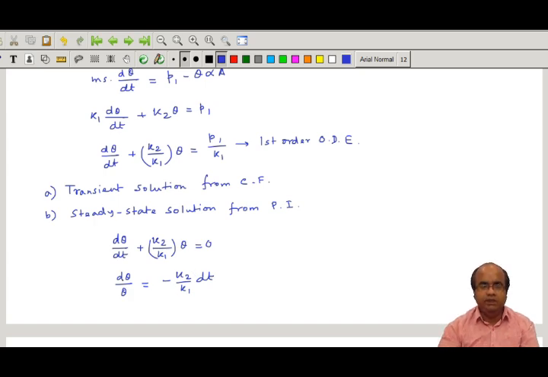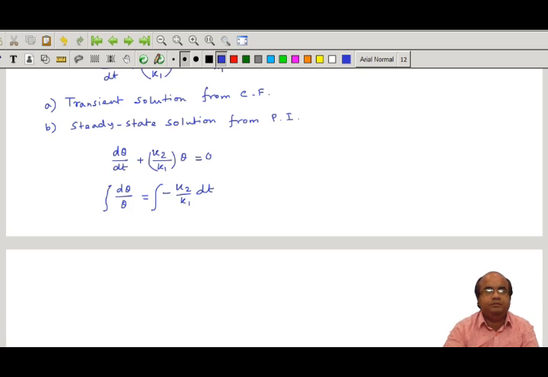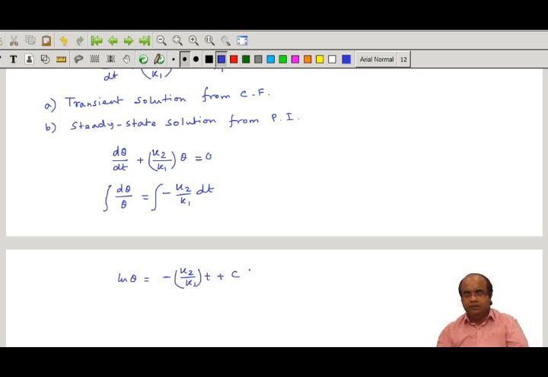Now taking integration on both sides, this gives ln theta equals minus K2 by K1 t plus C. C is the integration constant.